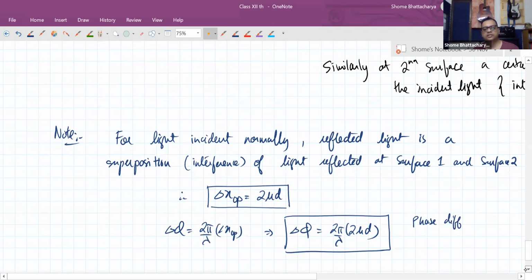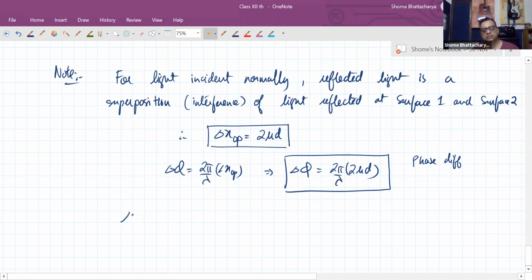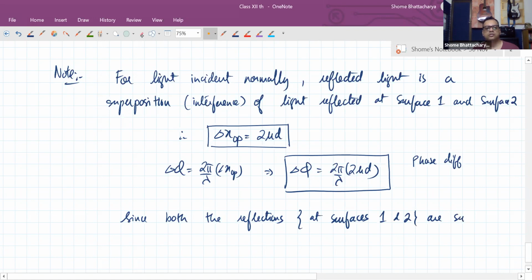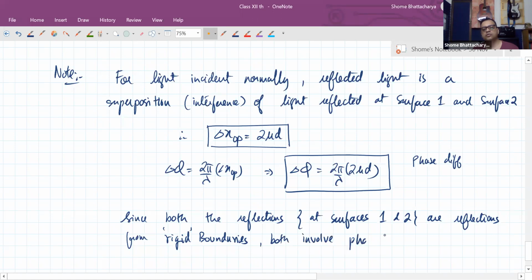Now this way we also understand that since both the reflections at surfaces 1 and 2 are reflections from rigid boundaries, okay, both involve phase inversion.